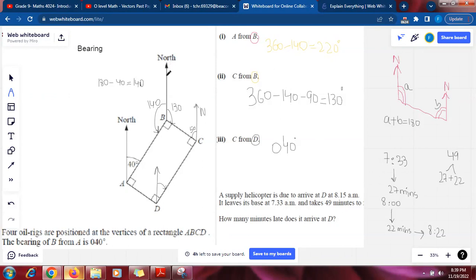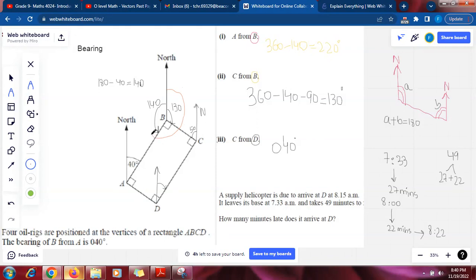Now moving on to this north, this is my first north, this is my second north, and I do not know this angle, and this angle is also not known to me. But what will I do? I know that this angle is 90 degrees, and this is 140. So I can find out this angle. How? Because I'm talking about this angle which is starting from here.